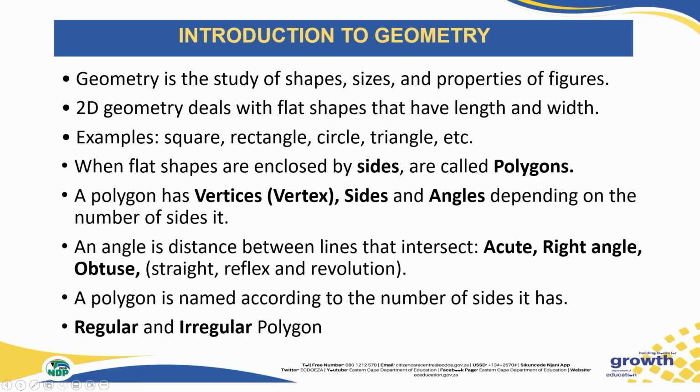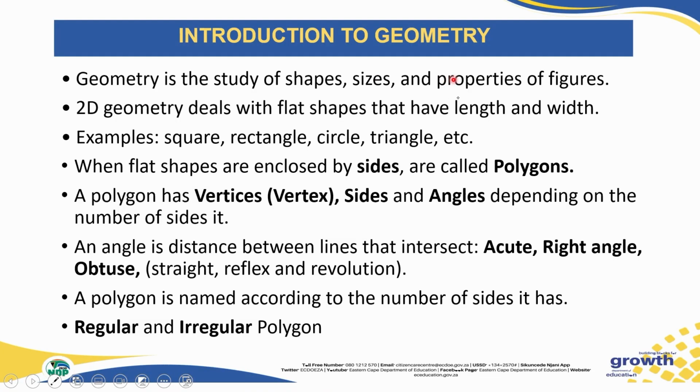Now, whenever we give a name to a polygon, these shapes are found all around us, but they differ in terms of the sizes and they differ in terms of their properties. So when you look around you, whatever you see that has a shape, that one is geometry.